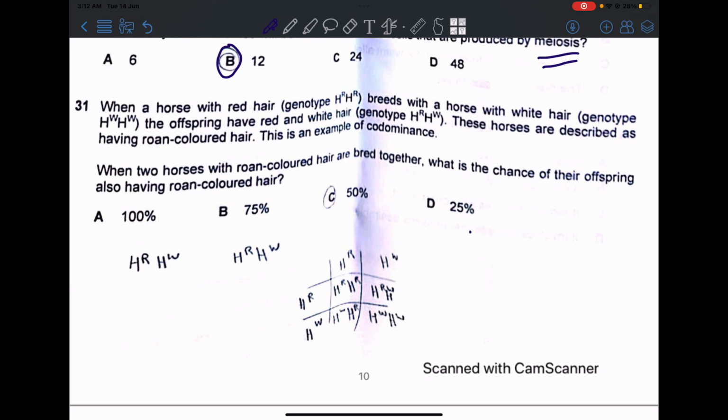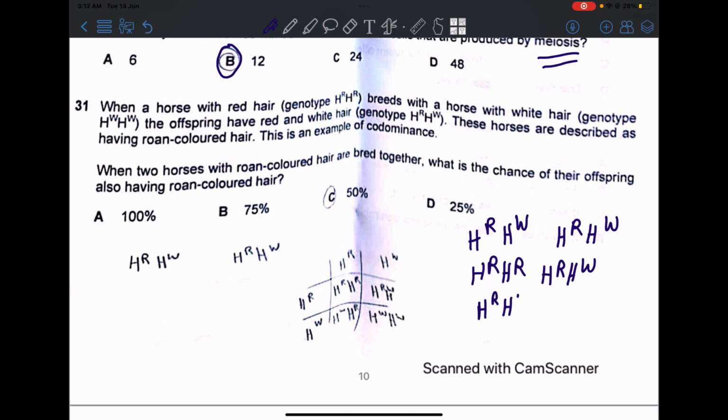Now let's do this cross together. It's going to be HR and HW, and we're going to be crossing that with HR and HW as well. So this is going to be HRW. So there is one roan-colored.